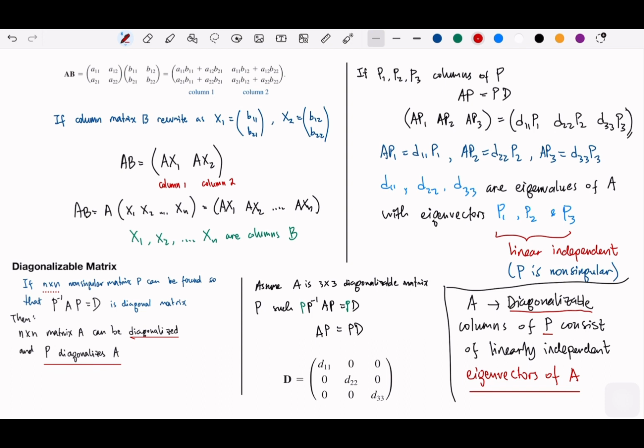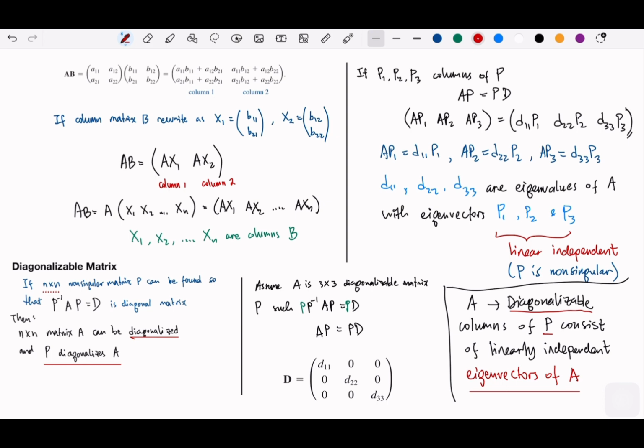In a later theorem, we're going to see whether we can determine whether a matrix can be diagonalized or not. So we need to have a condition for how the matrix can be diagonalizable.